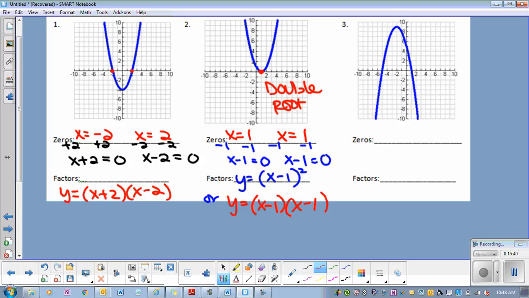Guys, do me a quick favor. On your calculator, put in x minus 1 squared. See if it looks like number 2.